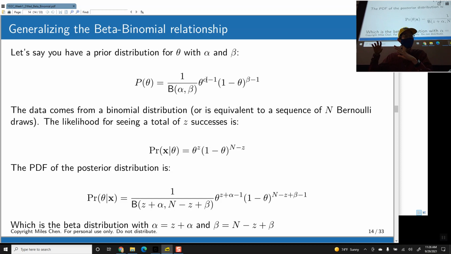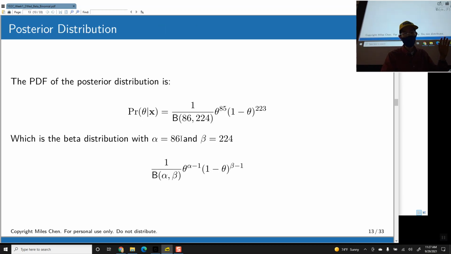And now we've seen this player have 10 at-bats, gets 5 hits, and so now the total, quote-unquote, number of hits I have is what? 81 plus 5, 86. The total number of outs, 219 plus 5 outs, right?